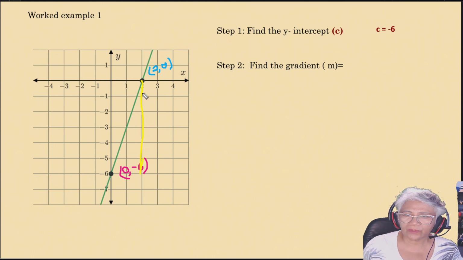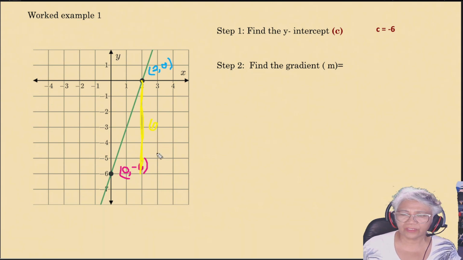So that is your rise. Now, how many units is it? 1, 2, 3, 4, 5, 6. So your rise is equal to 6 units, and your run should be this run, that is 2 units.